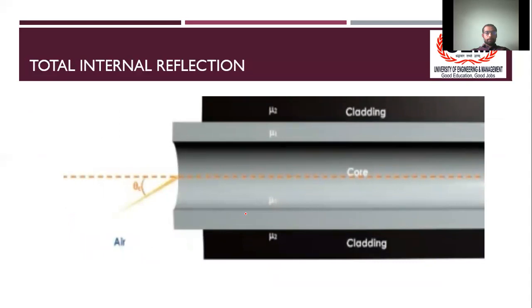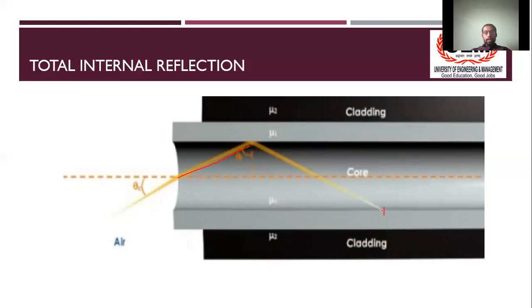So here the light ray at theta c is refracted. Now here we have a core and air interface. So here we get a little bit of refraction, and it falls again on this part with an angle of incidence which is maintaining the critical angle, and gets reflected back here.